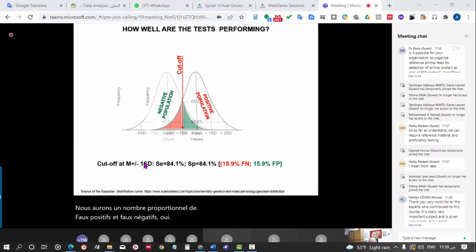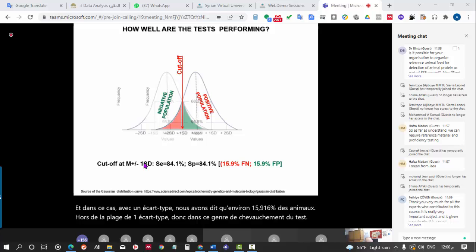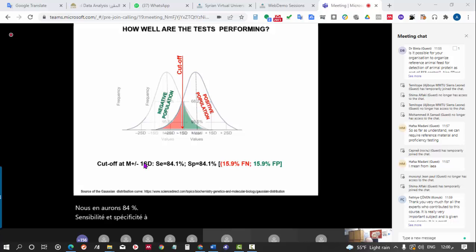In this case, with 1 standard deviation, we said that around 15.9%, 16% of the animals are out of the range of 1 standard deviation. So in this kind of overlap, we will have 84% sensitivity and specificity, both the same, with almost 16% false negatives and false positives.